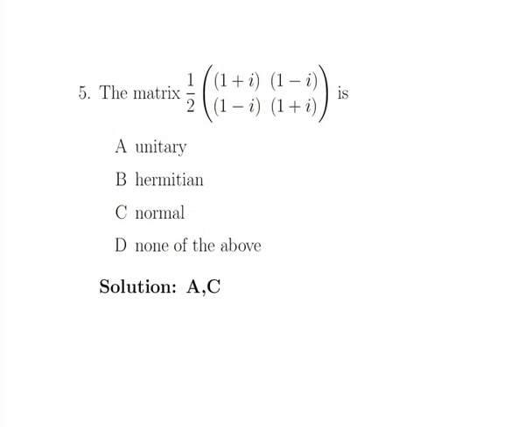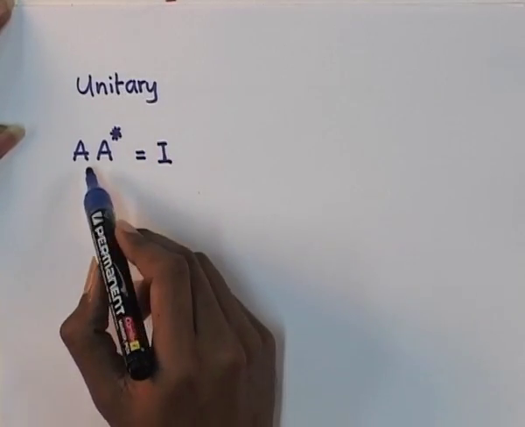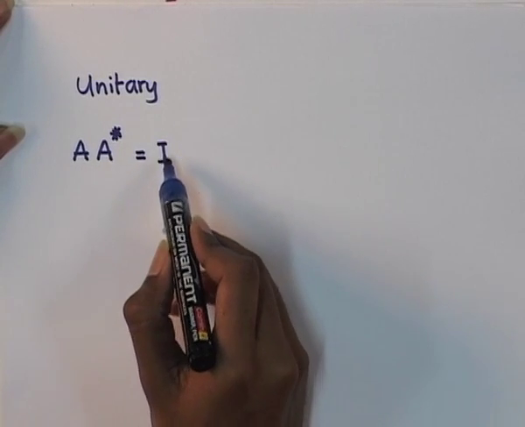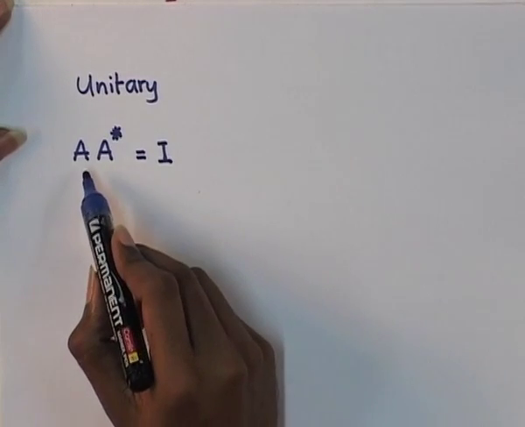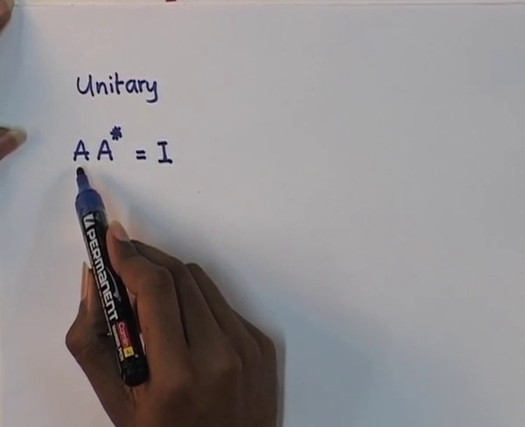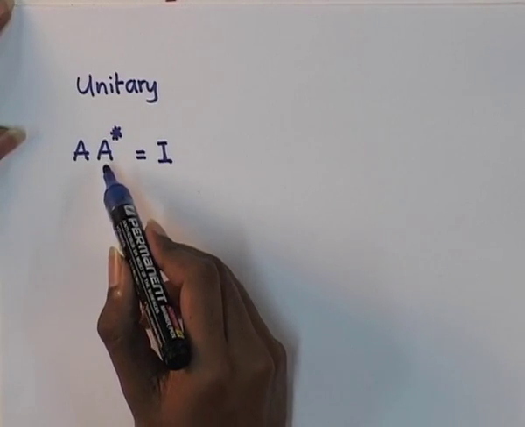Before going to solve these questions, we look at the definitions of unitary matrix, Hermitian matrix, and normal matrix. A matrix is called unitary when it satisfies the relation A times A star is equal to I. A star is a matrix obtained by replacing the terms in matrix A with their complex conjugates and applying a transpose.